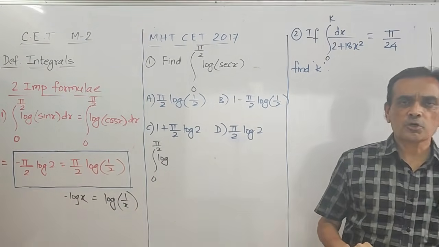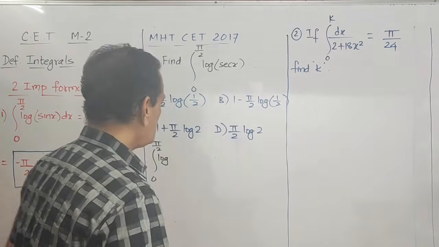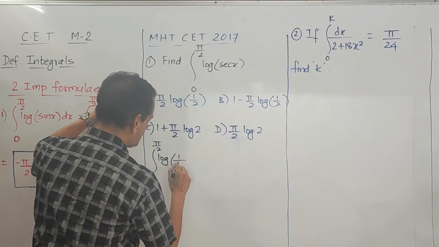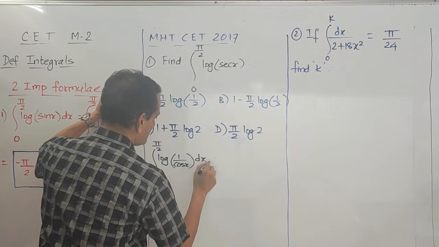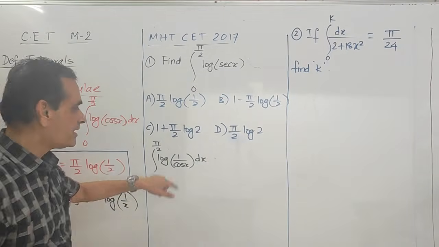Sec is the reciprocal of cos or cos is the reciprocal of sec. So I am going to write this as 1 upon cos x. 10th standard formula. Sec x is 1 upon cos x.